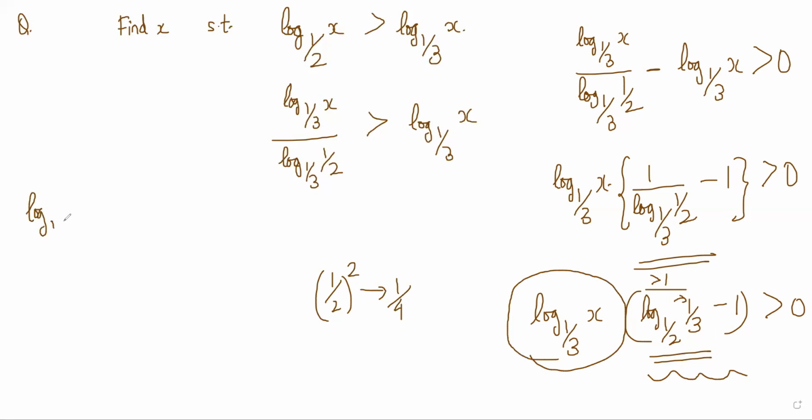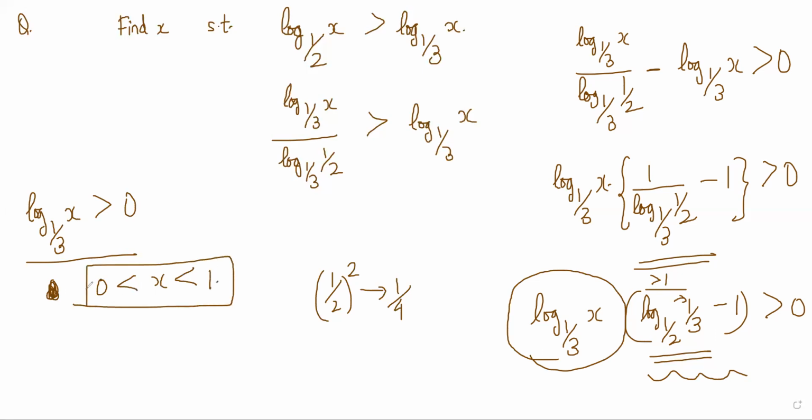So for that to be positive, x should be less than 1. Not less than 1/3. For less than 1/3, you are saying that x is greater than 1. If you say that 0 is less than x is less than 1/3, then you are solving the inequality log base 1/3 of x is greater than 1, right?